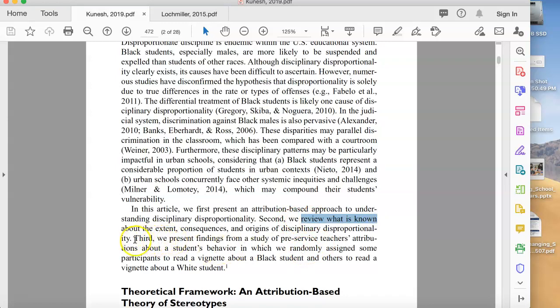And then we have our study. So this is a study of what pre-service teachers think about student behavior, and whether those beliefs that the pre-service teachers have depend on whether the student is Black or is white.